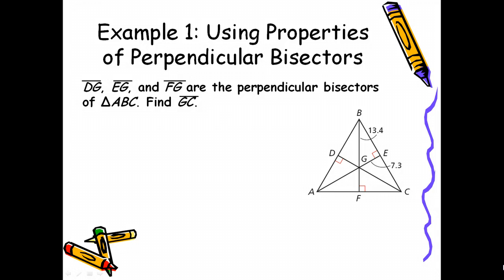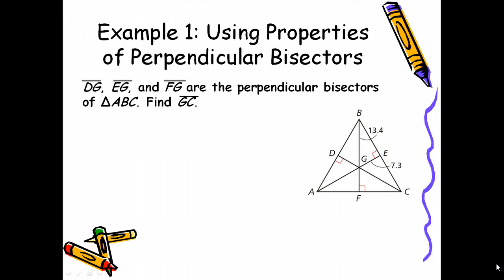Let's look at some examples. In our picture here, we say that DG, EG, and FG are the perpendicular bisectors of triangle ABC. We have our perpendicular signs here, and they are bisecting each side or each segment.